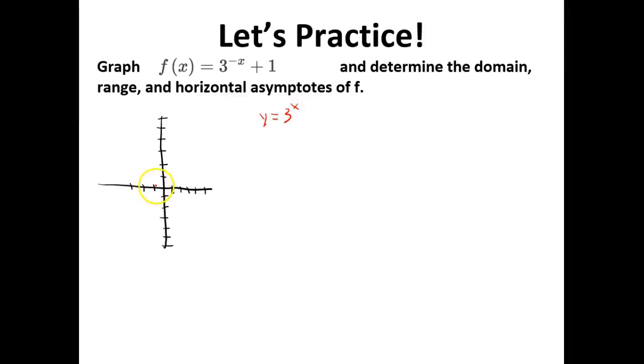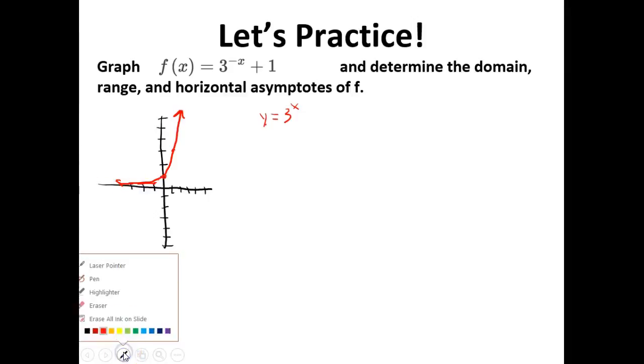There's some points that I know: if I plug -1 in for x, I get 1/3. I know 0, 1, and then I know 1, 3. And then it's going to have a horizontal asymptote again on the x-axis, and it's going to look something like that. That's my parent function.